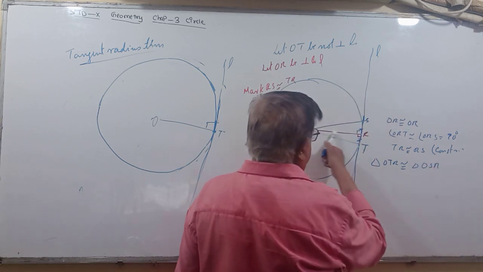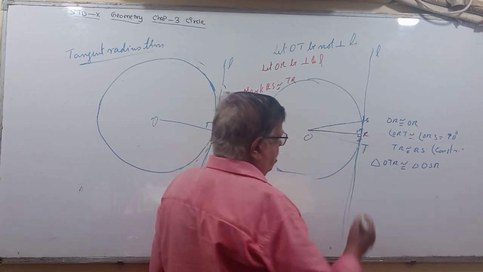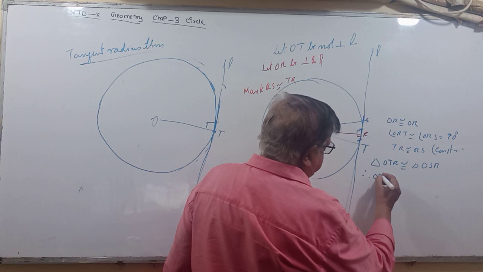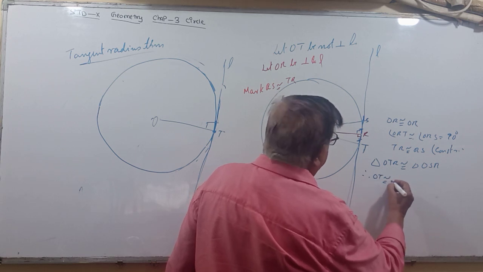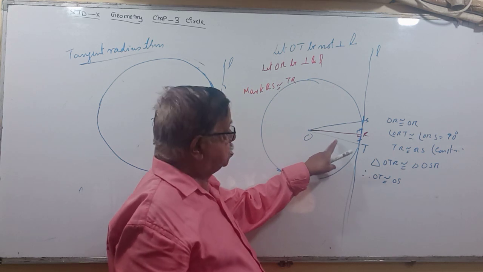These two triangles are congruent. Therefore, OT is congruent to OS.